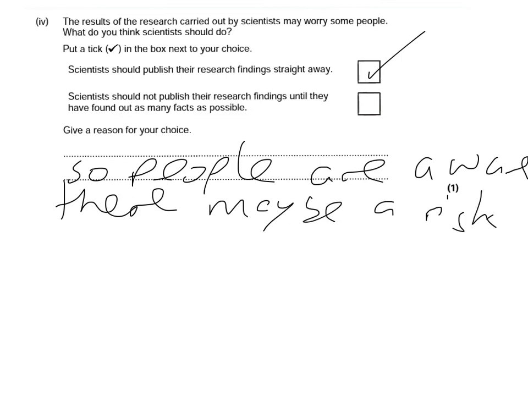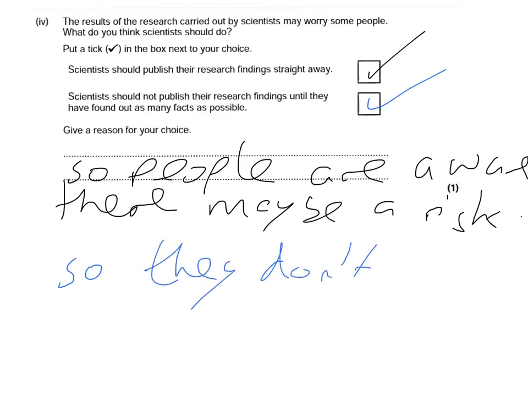The other reason they could do it is so that other scientists could check their work, or other researchers would know about it so they could research their work. So that would be the first one. If you tick the second box, which is scientists should not publish their research findings until they have found out as many facts as possible, the main reason is that you don't want to cause people to worry.